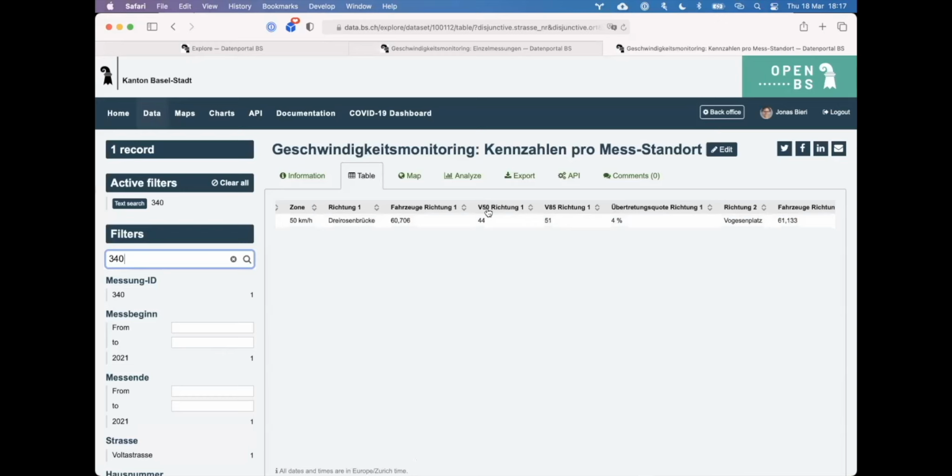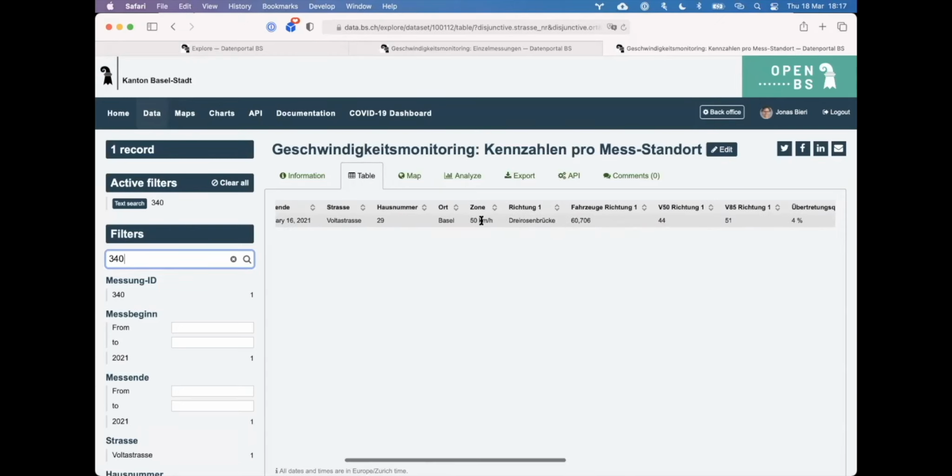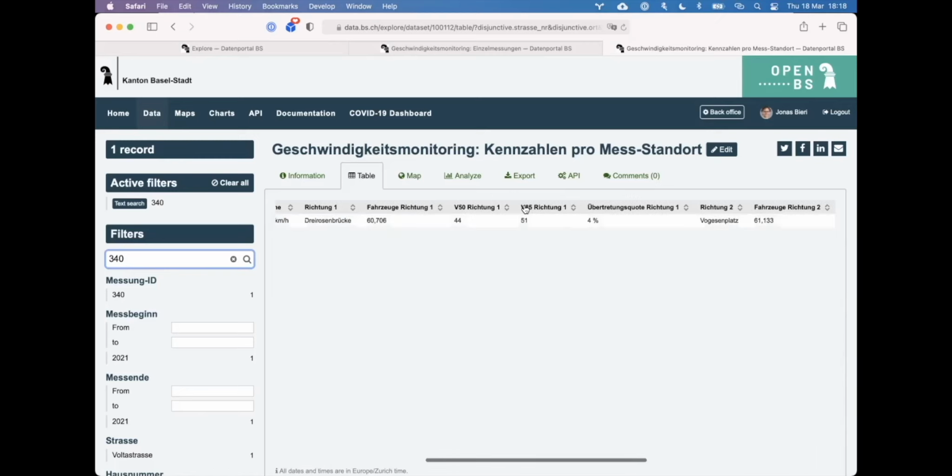Then we have another number, the median. The median speed, the 50th percentile in this direction, is actually below the limit. This is a 50 kilometer per hour zone, and the median is actually below. And the other direction is a bit above. No, actually that's wrong. This is the 85th percentile. It's still pretty low.